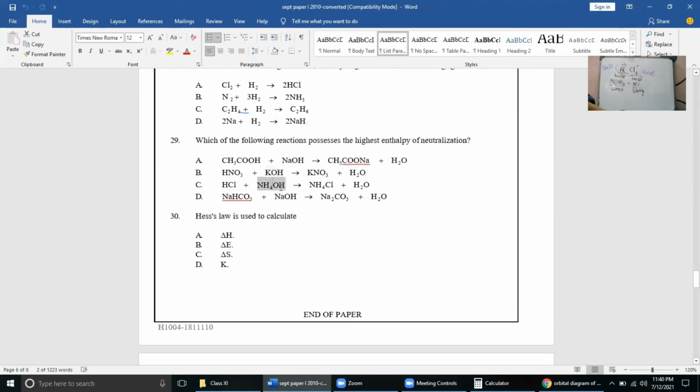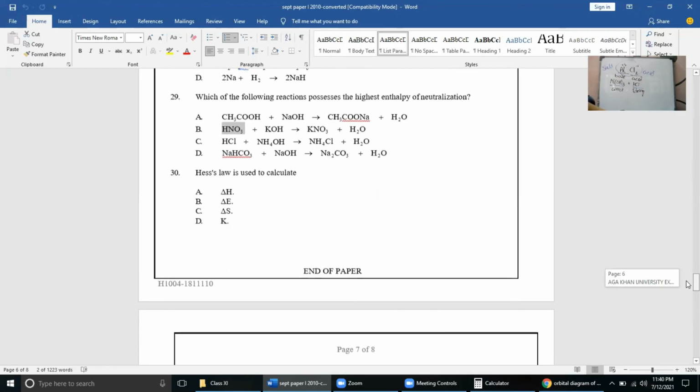Here ammonium hydroxide is weak. Here sodium bicarbonate is weak. So this reaction, option B, will give the highest enthalpy of neutralization, because when the reaction takes place fast, it will release heat fast and in excess amount.